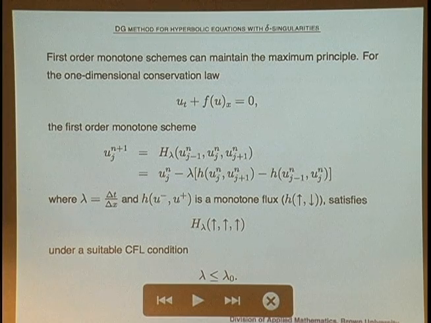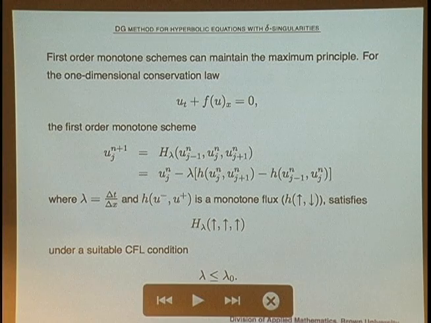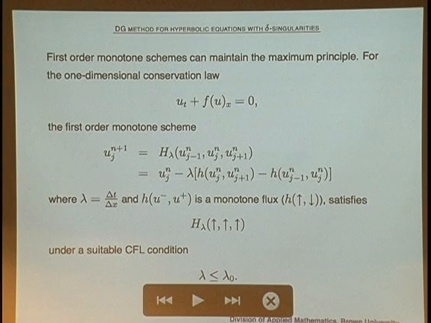H sub 2 means partial h, partial the second argument. So basically, it's 1 minus lambda times a positive number. So what it means is that if you take lambda to be small enough, less than some constant lambda 0, then 1 minus lambda times that quantity would be positive, as long as you take lambda to be smaller than 1 over the bound of that quantity.